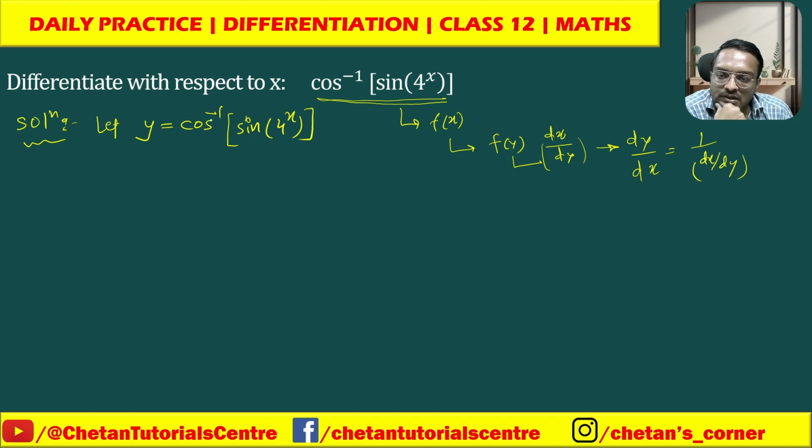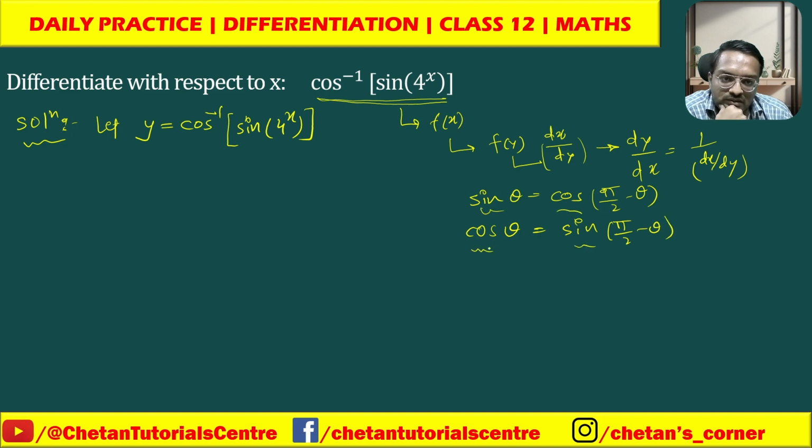So the direct relation between sine and cos is sine theta is equal to cos of pi by 2 minus theta, and cos theta is equal to sine of pi by 2 minus theta. So in this way they are related to each other.